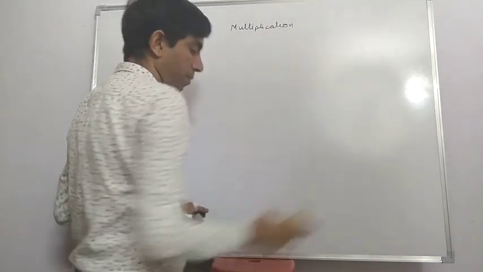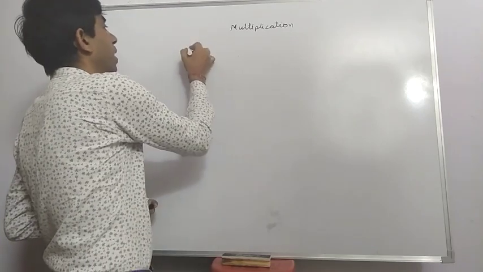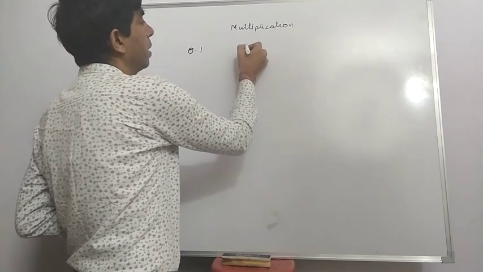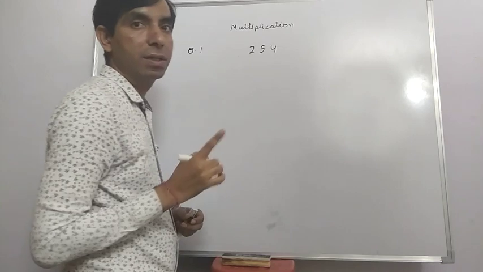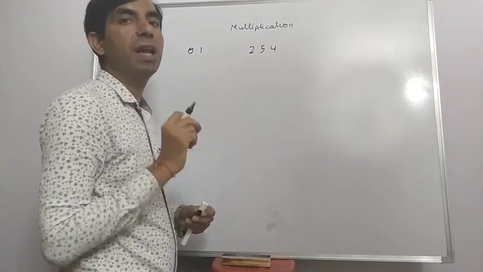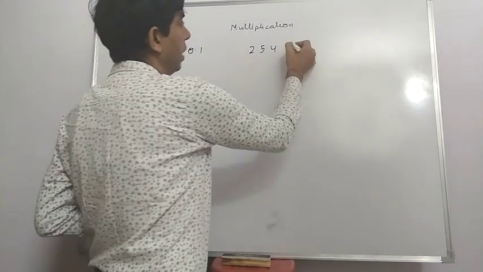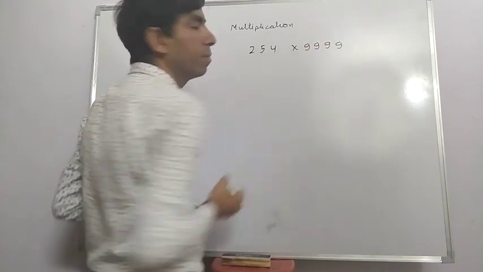Here if we are multiplying numbers where one number is anything, like 254, but the second number is made by only 9 digits, then we can apply this rule. Here multiply by 9999.